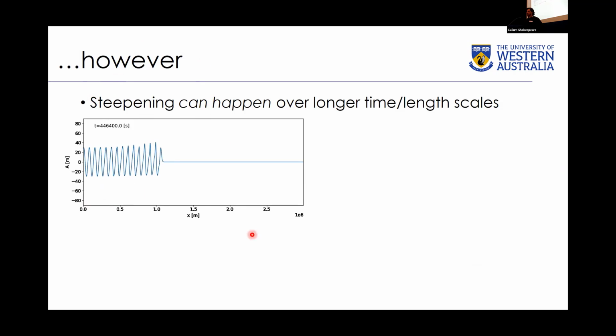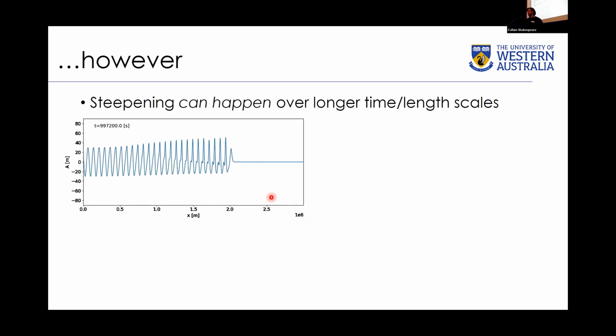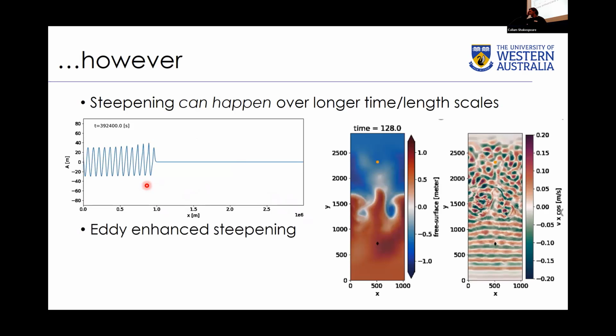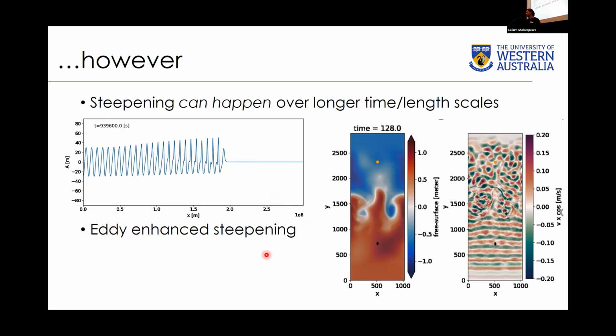But if you go to a bigger domain, so this is now 3,000 kilometers instead of 300 kilometers, you do see eventually that these waves start to steepen around this 1,200 kilometer mark. So given enough time, I guess they could occur. And the other thing that could enhance this steepening process is the interaction with the mean flow.